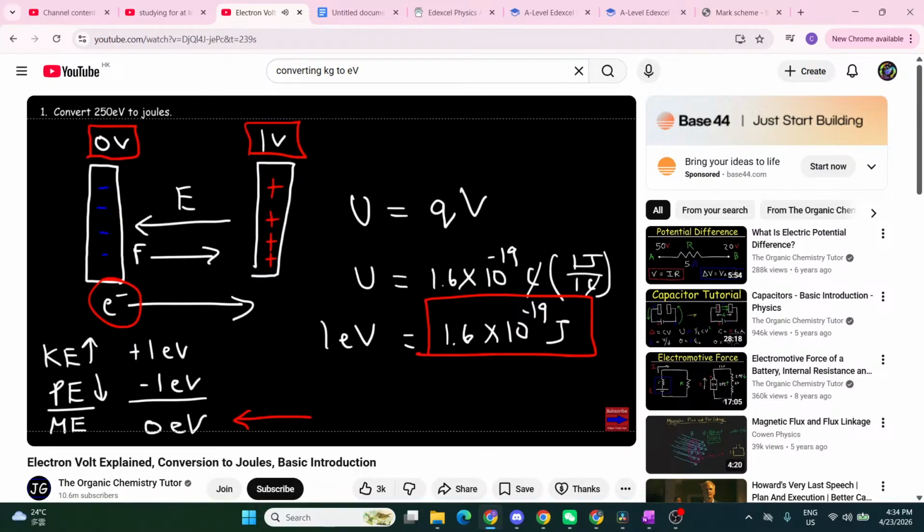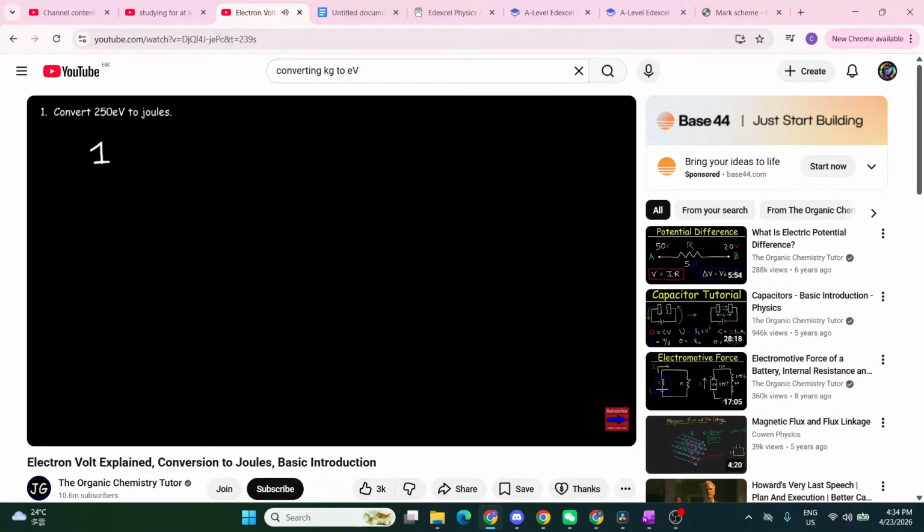Now let's talk about how to convert electron volts to joules. As mentioned before, 1 electron volt is 1.6 times 10 to the negative 19 joules. So start with what you're given, 250 electron volts.